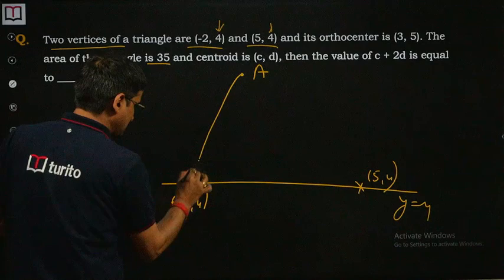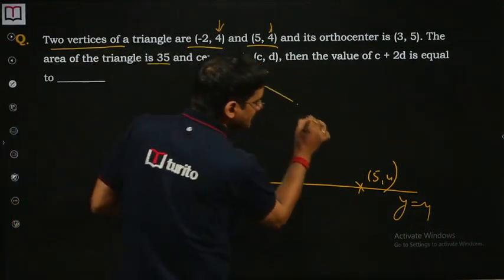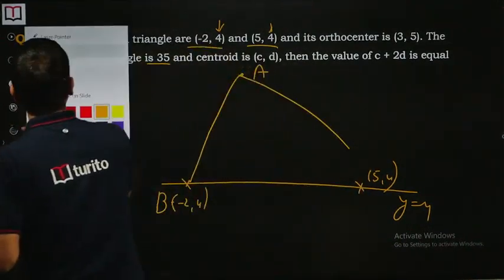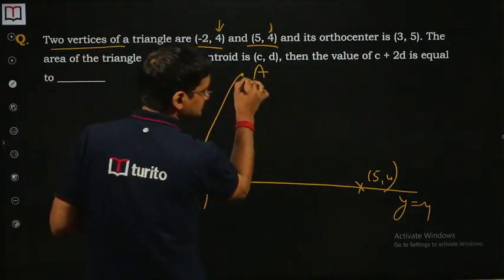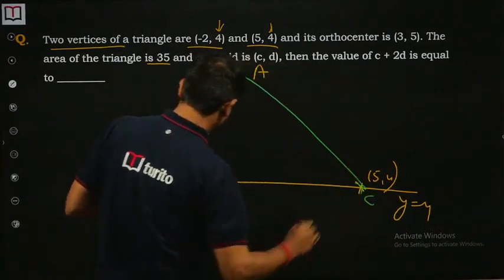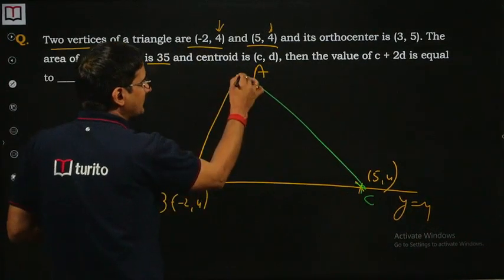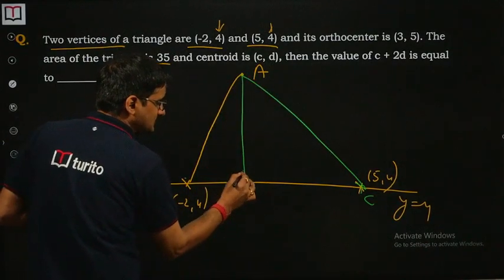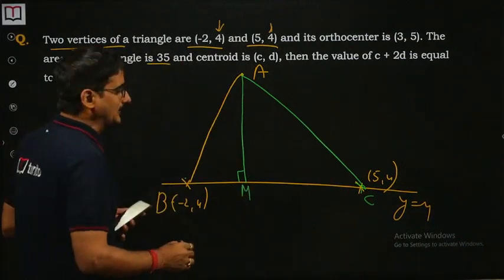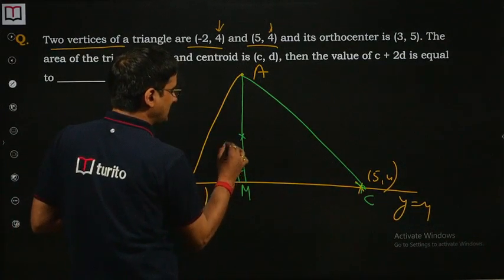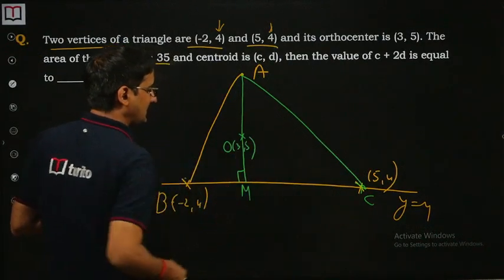So let's say that this is B here. Just a minute. So that's your C here. Okay, orthocenter lies on the line which is perpendicular to the base. So I'm calling it M, the foot of perpendicular, and the orthocenter lies here. Let's say this is 3 comma 5, right?